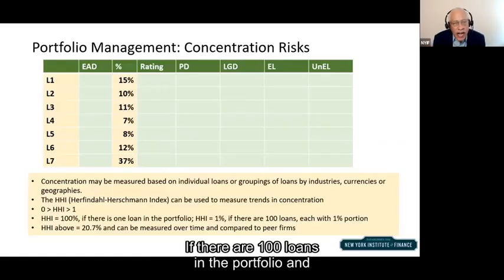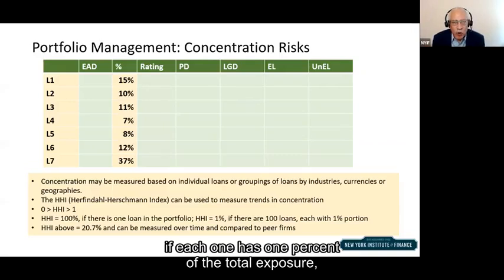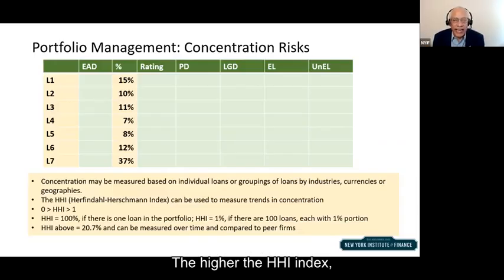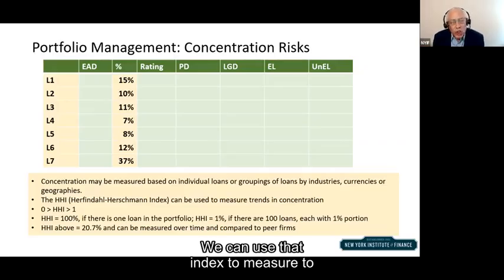If there are 100 loans in the portfolio, and if each one has 1% of the total exposure, then the HHI index would equal 1%. So the higher the HHI index, the more heavily concentrated the loan.